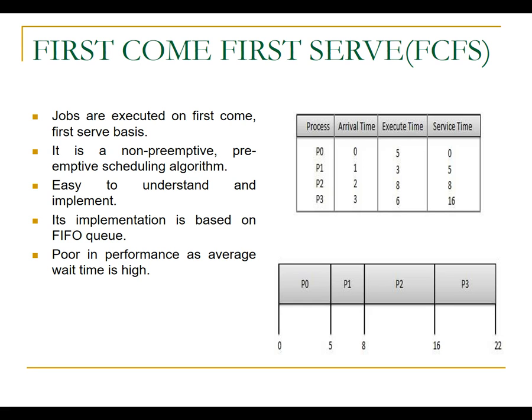Once the confirmation comes from the central processing unit that all the resources occupied by the previous processes, that is P0, P1 and P2, are released, then the central processing unit will accept process number 3. So this is one of the disadvantages of the first come first serve algorithm.